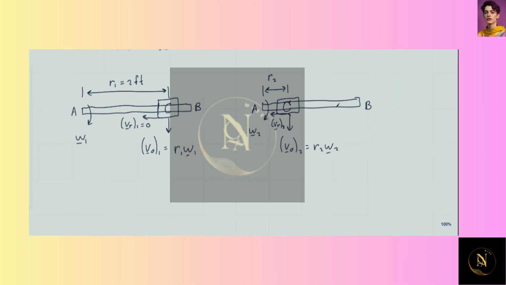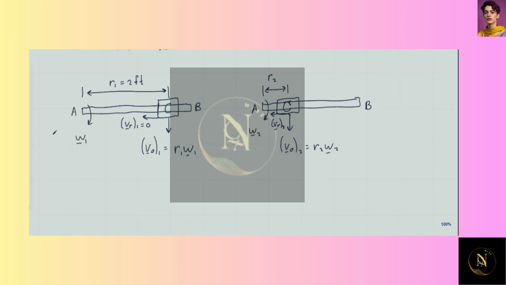In position 2, the distance between A and C is R2. The rod rotates with angular velocity omega 2, and C has components of its velocity VR2, and V02 is equal to R2 times omega 2.